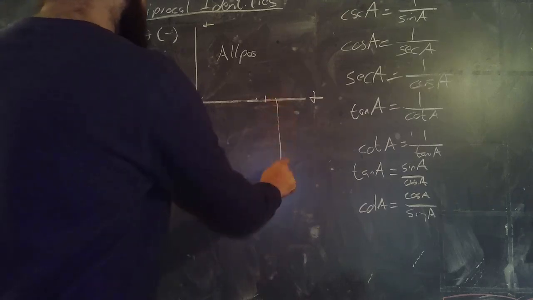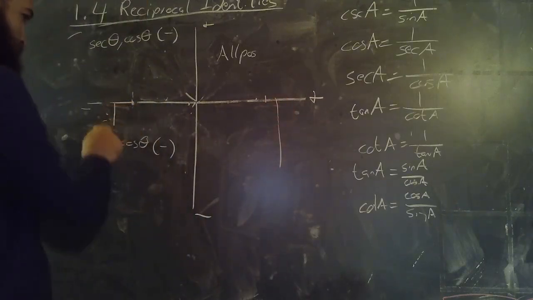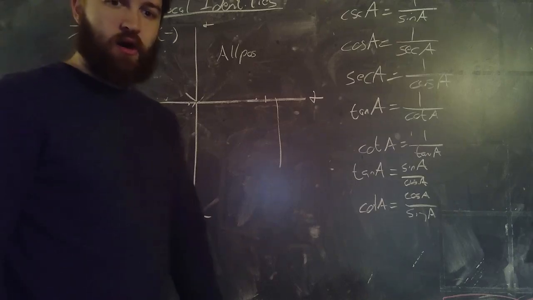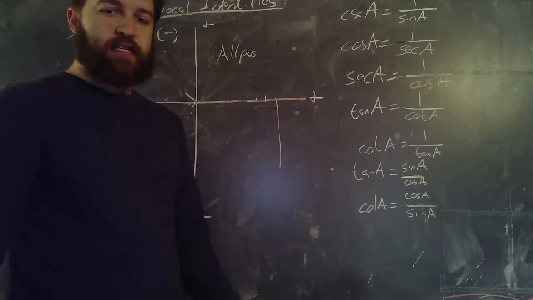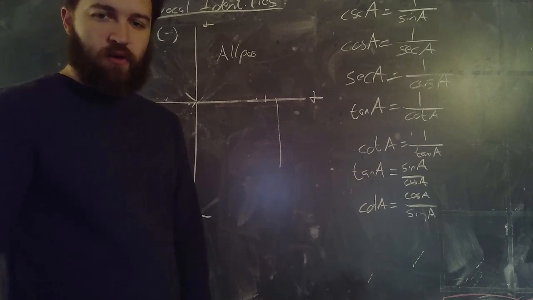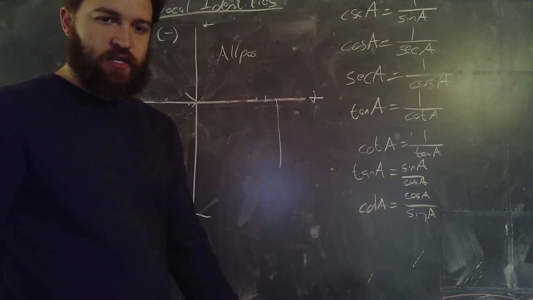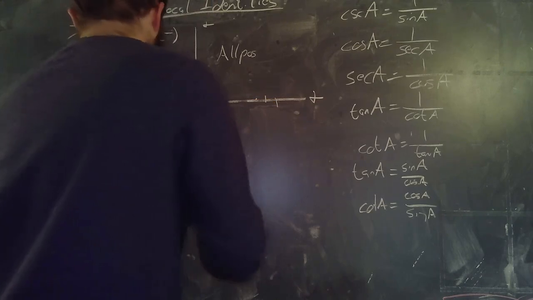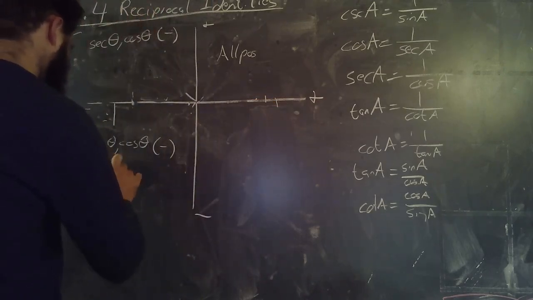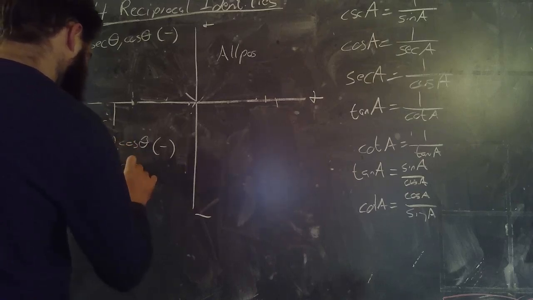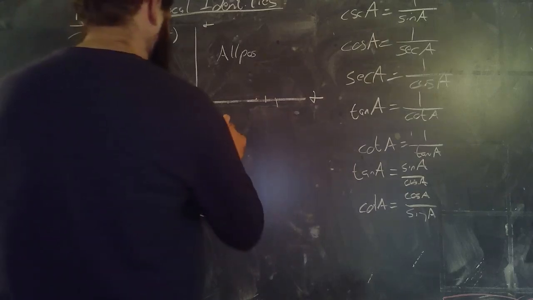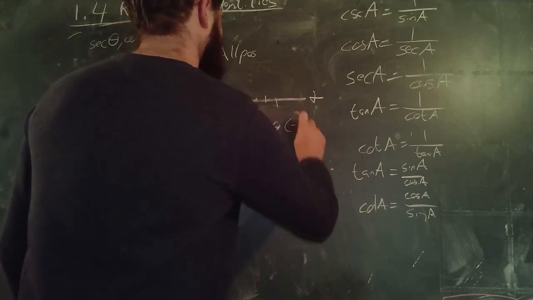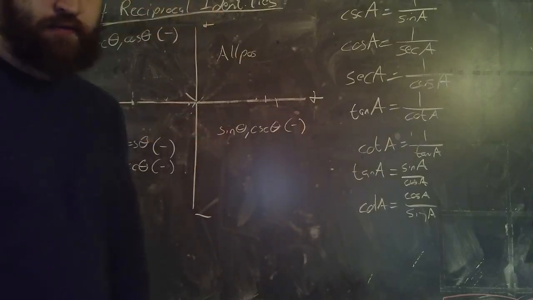Well, if the a distance is negative, then that means that it must fall either in this quadrant or this quadrant, because that's where the y coordinates are negative. And if you recall, the sine affects the y coordinate because it is the a distance, which is the distance in the y direction on the triangle that we draw. So that means that sine and cosecant are negative in the third and fourth quadrant.